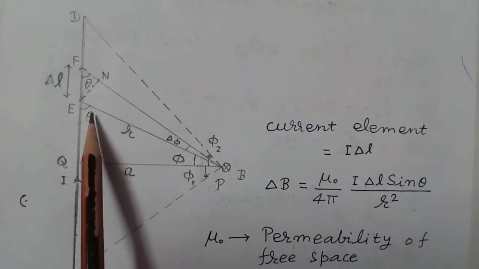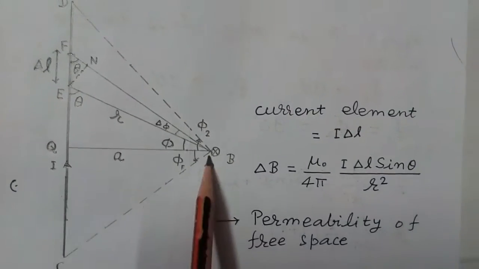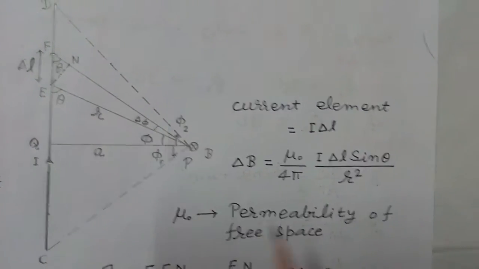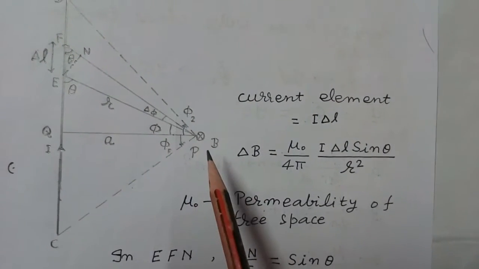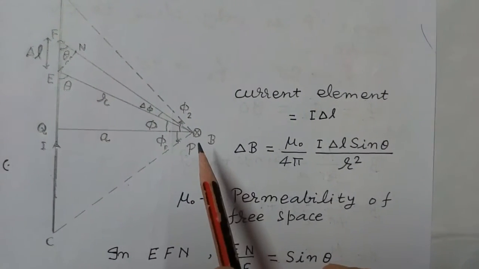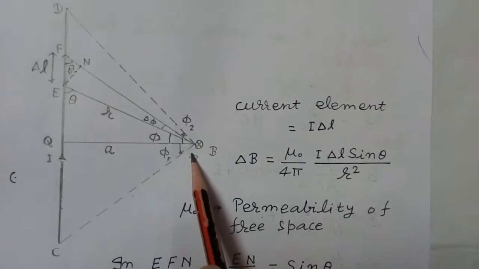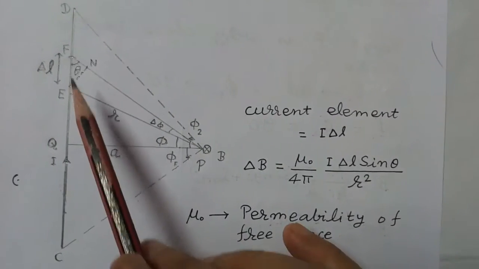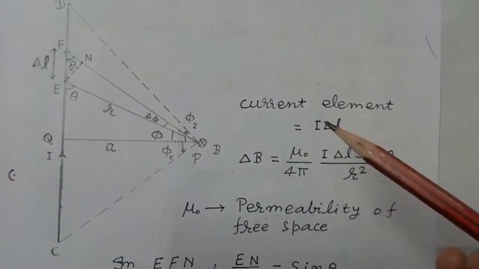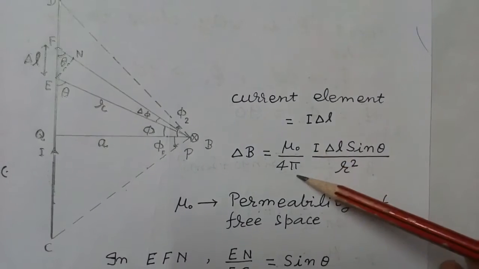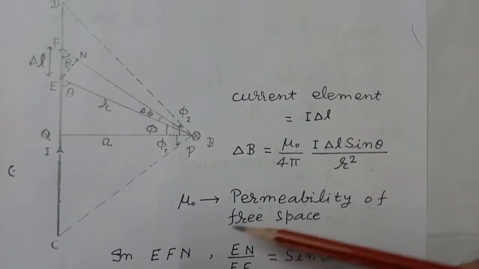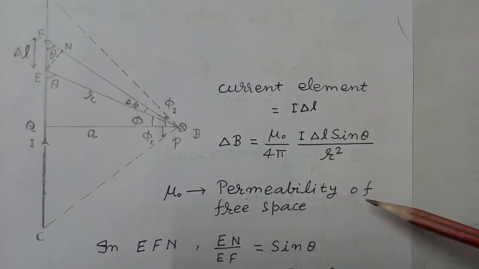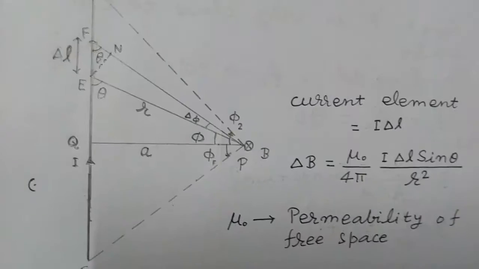Now the distance of this line element from P is r. So by the Biot-Savart law, a small magnetic field delta B at this point P due to current element I delta L, its magnitude is given by mu naught upon 4 pi, I delta L sin theta upon r square, where mu naught is the permeability of free space.